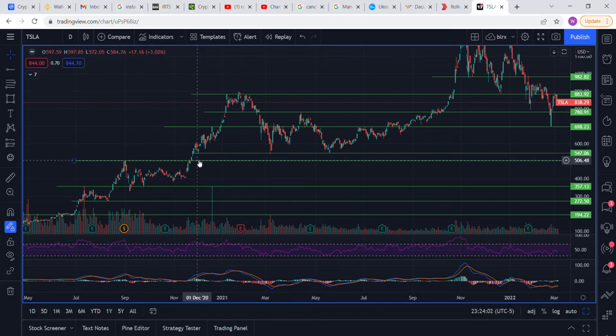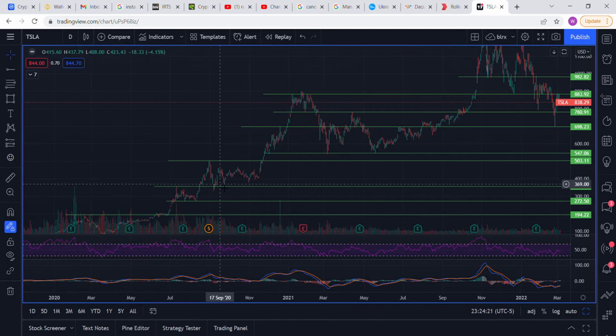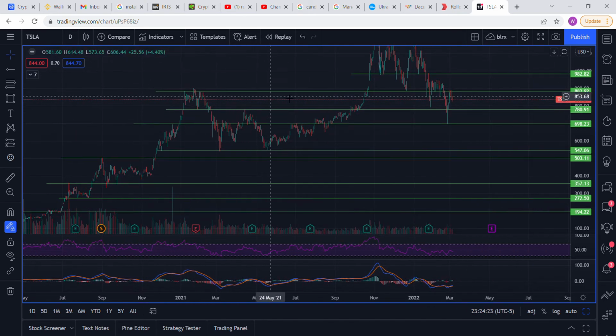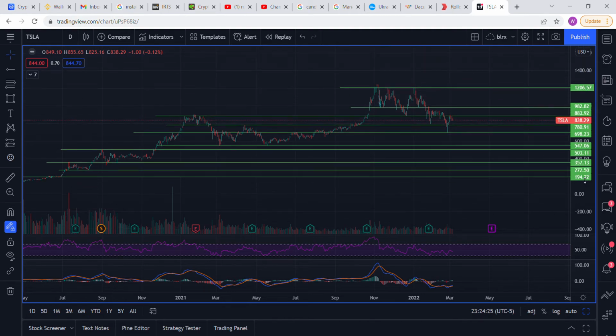If you would have held on to that from, let's say, 506, all the way up to 872 and stuff, 880. Wow, what a trade. You see? And all it was is just these lines drawn, support and resistance lines.